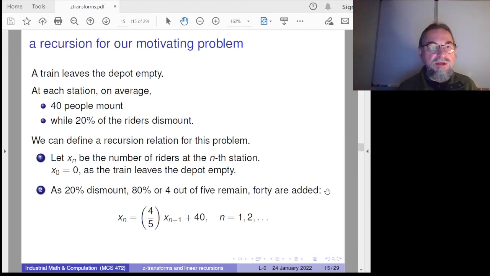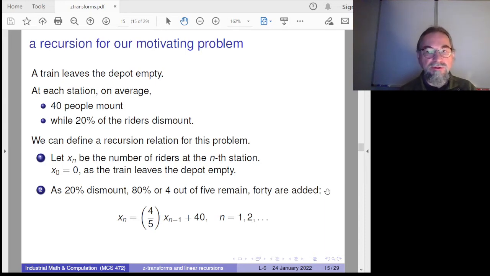If at each station 40 people on average mount, and on average 4 out of 5 remain, or 1 out of 5 leaves, and we start empty, so we have an initial condition, then we have a recursion relation that we would like to solve. So that is our mathematical model now.